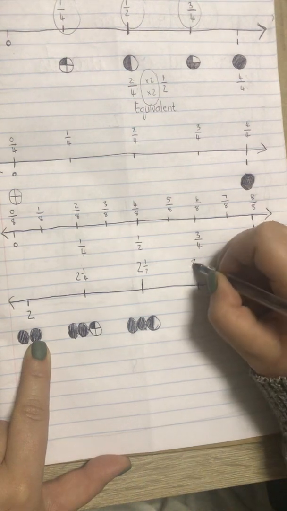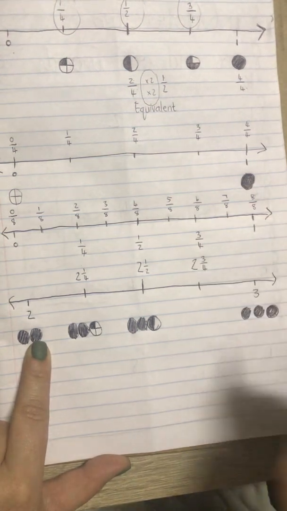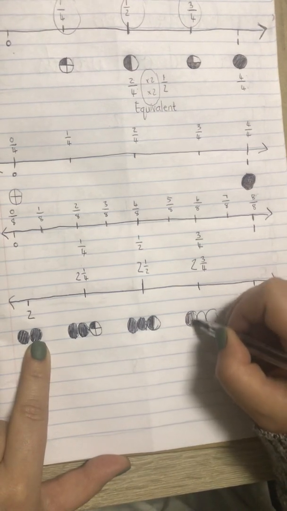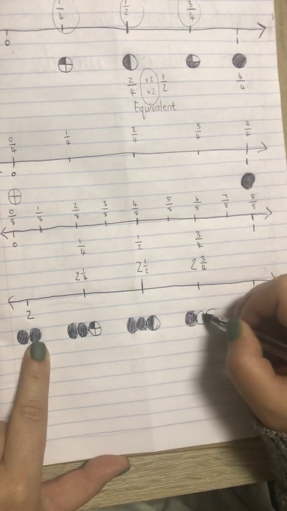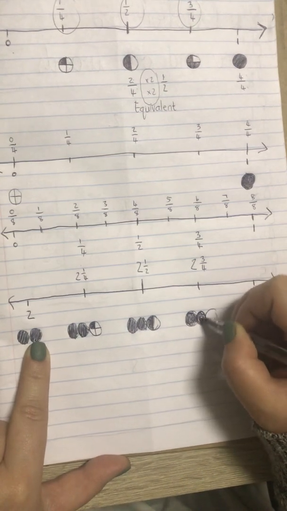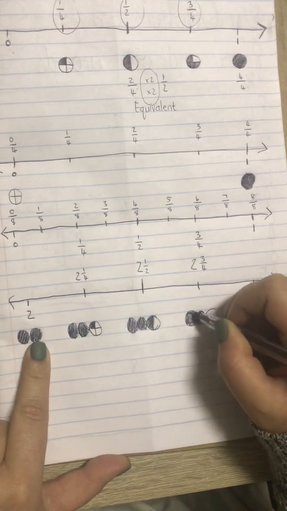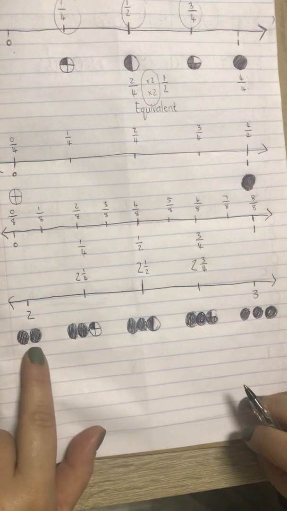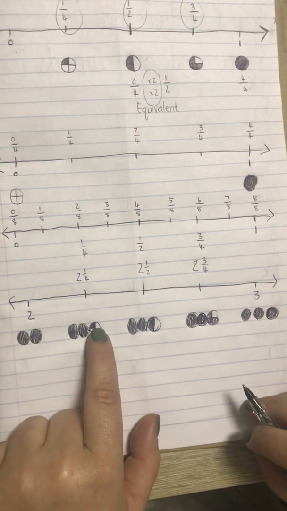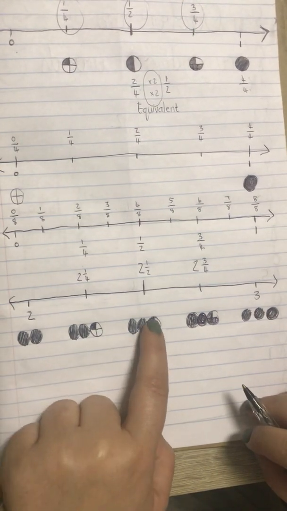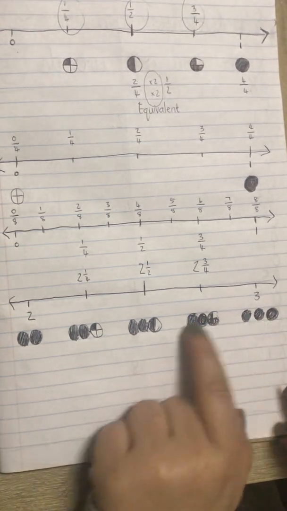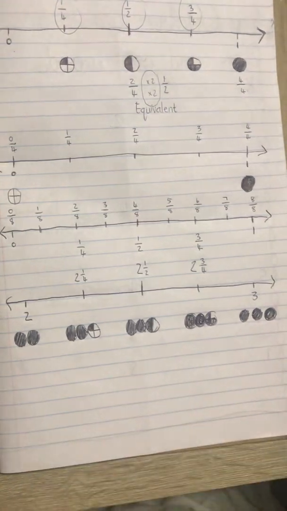And here we will have 2 and 3/4, and then once all of them have been filled, we will have 3 wholes. So let's quickly take a look at it. Okay, we had 2, then we had 2 and a quarter, then it got bigger, 2 and a half, then it got even bigger, 2 and 3/4, and then we filled the entire thing to 3.